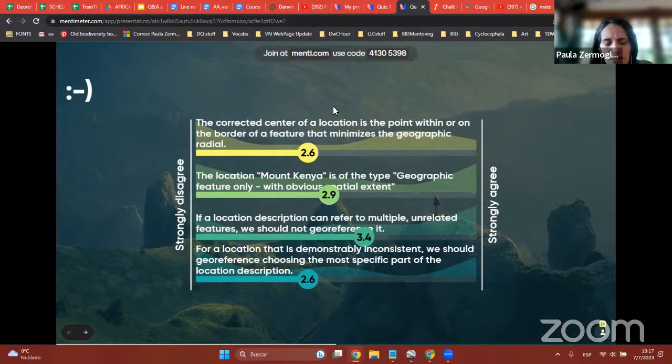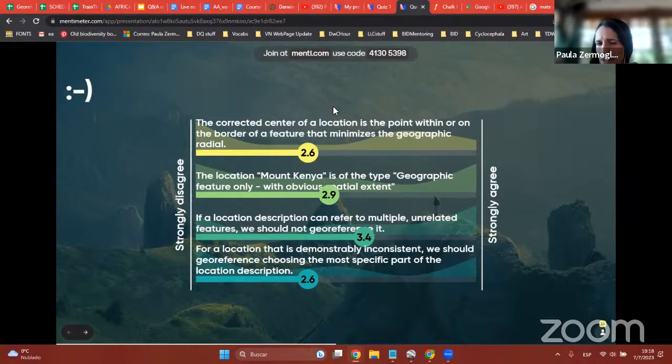Where is the mistake? Now, if we have a full record that has a lot of information, and we have the locality that is super specific, and we have the county and the municipality and the country and a lot of information, and the province is wrong, and in the province field we have another province that is just nearby, then we could take the decision of saying, well, I suspect that this location is correct, but someone made a mistake when they put the province.